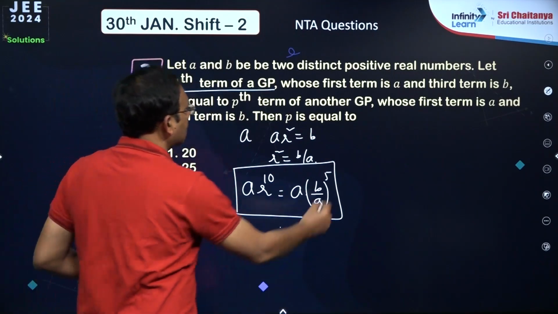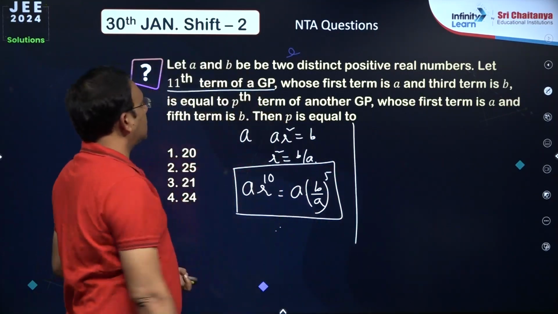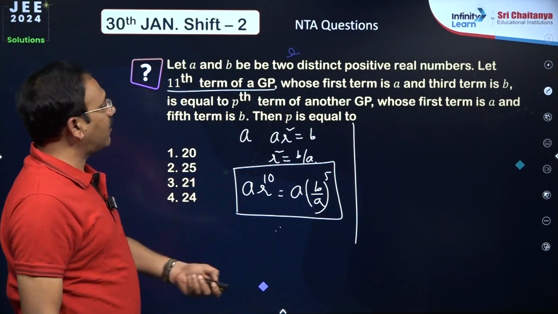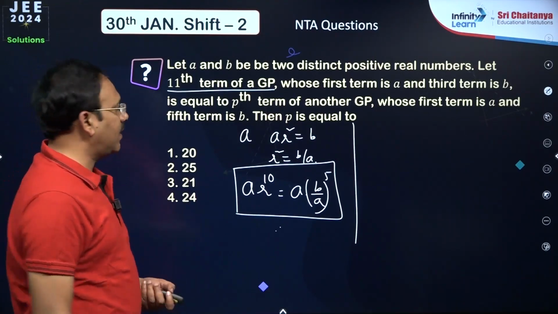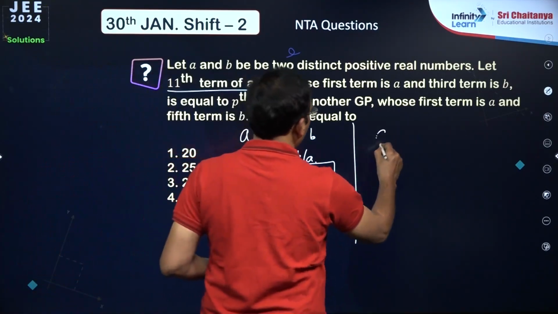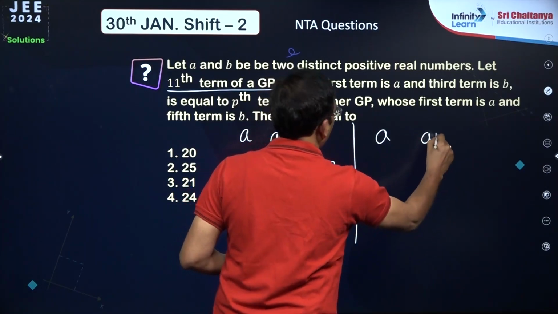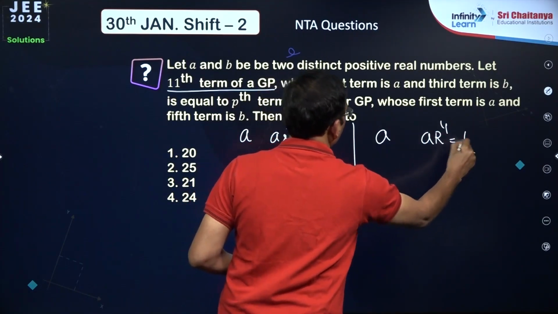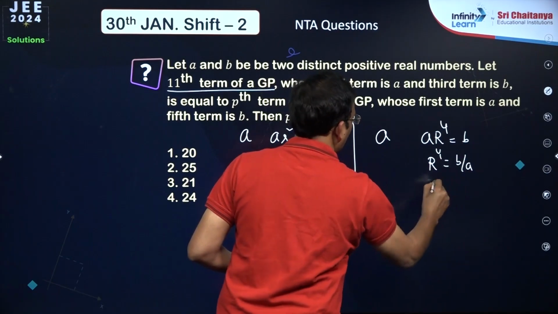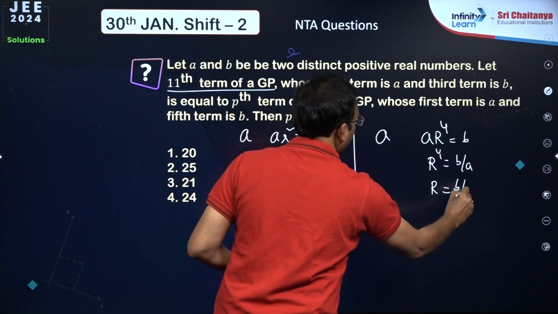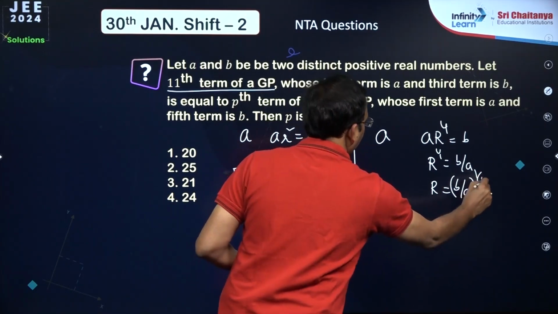In the same way, dear students, he said it is equal to the pth term of another GP whose first term is A and fifth term is B, my dear friends. First term is A, fifth term means A r power 4 is going to be B. So r power 4 is B by A, so r is going to be B by A power 1 by 4.